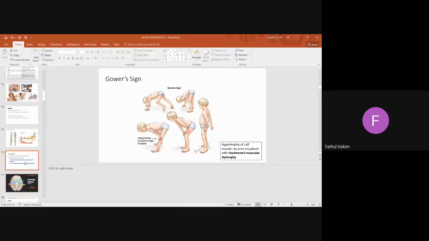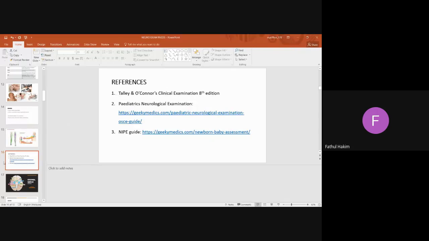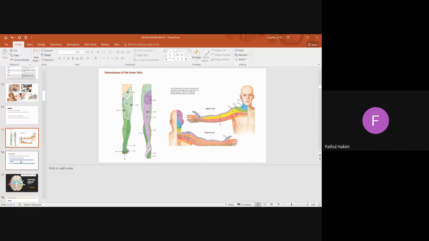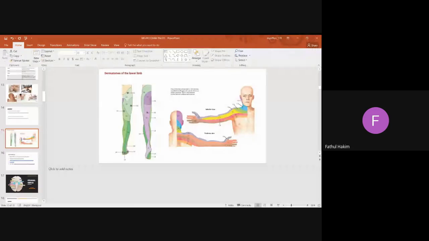The child is positive for sensation. That's all from me. And last but not least, I would like to comment that for this child the tone, power, reflex is normal and the sensation is normal.